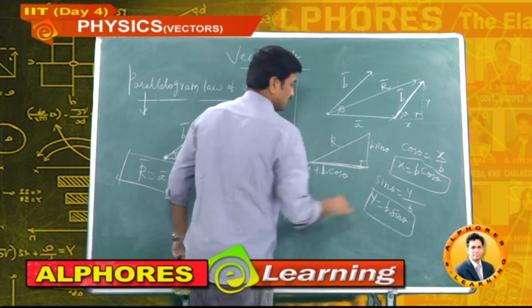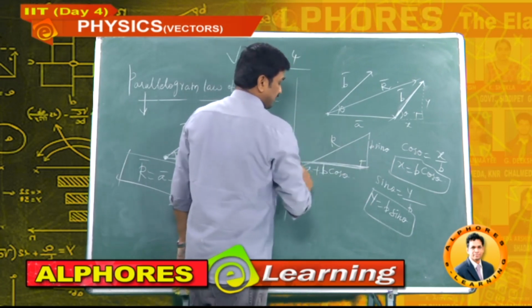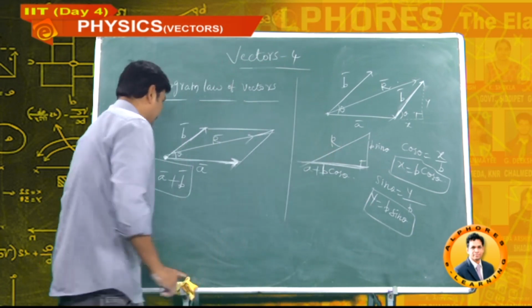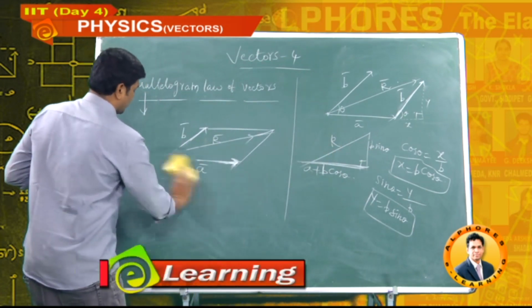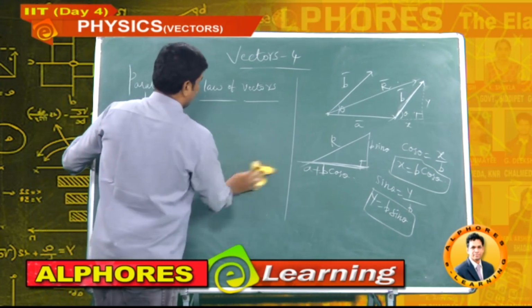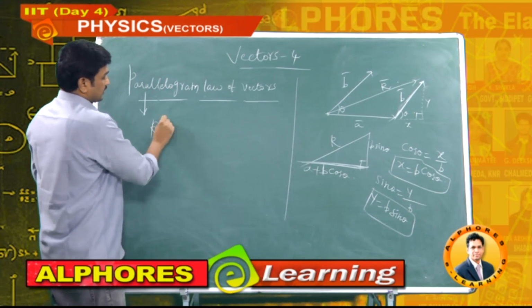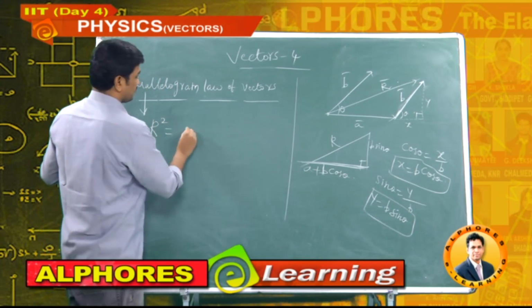Now see this. Right angle triangle. Side square plus side square is equal to hypotenuse square. Pythagoras law. See, R square is hypotenuse square.